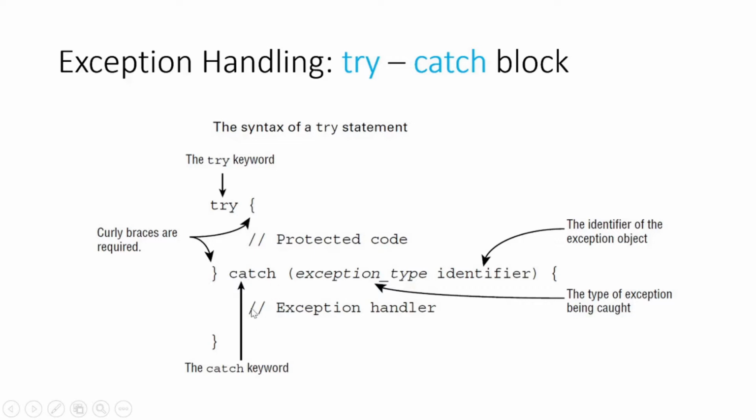Catch is a keyword, with brackets containing the exception type and an identifier for the exception object, and the exception is handled inside the catch block. So the protected code in the try block throws an exception, we catch the exception, handle it, and continue the program flow.